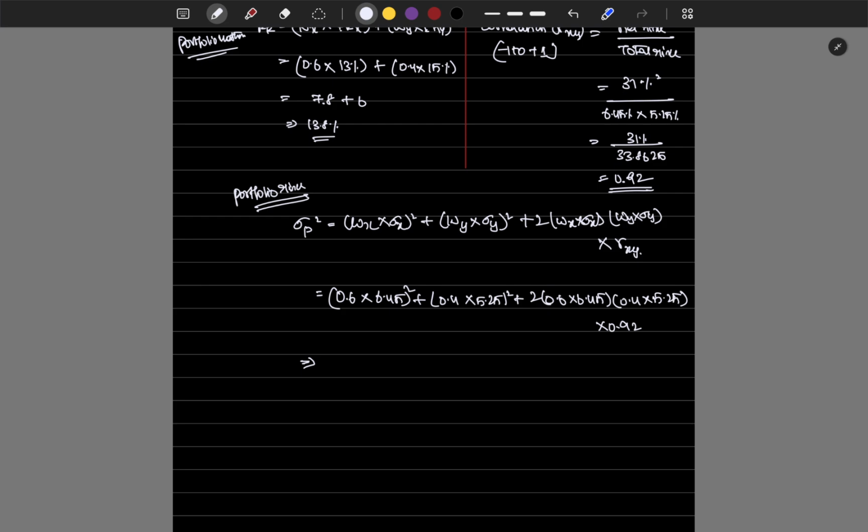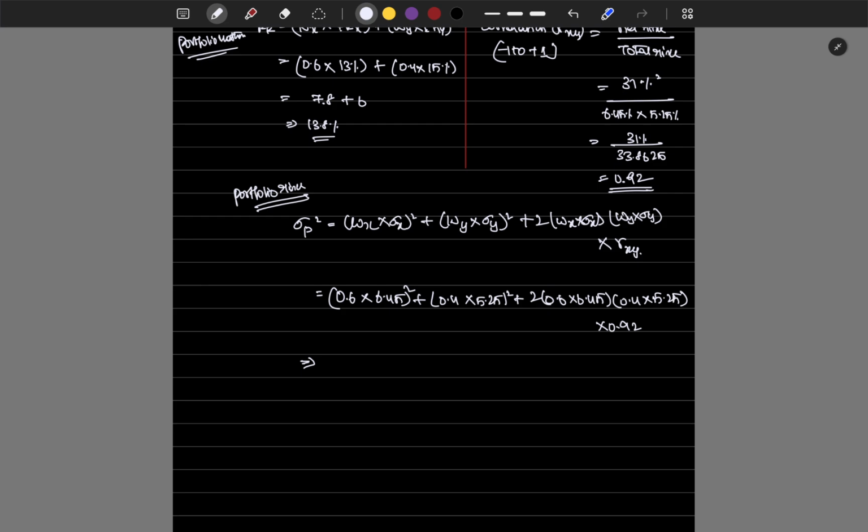Okay, I got the wrong values. 0.6 into 6.45, 0.4 into 5.25, 2 into 0.6 into 6.45 into 0.4 into 5.25 into 0.92.